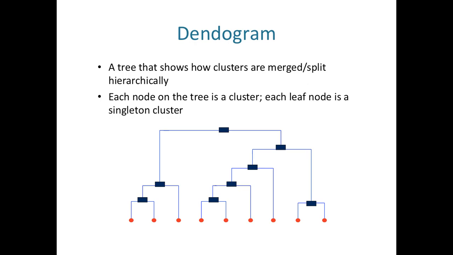As you keep moving upwards on the tree, each blue square represents a cluster. In the agglomerative approach, each blue square is created as we keep putting together different data points in our original data set. Whenever we reach the root node, that means that all the data points are in one cluster.